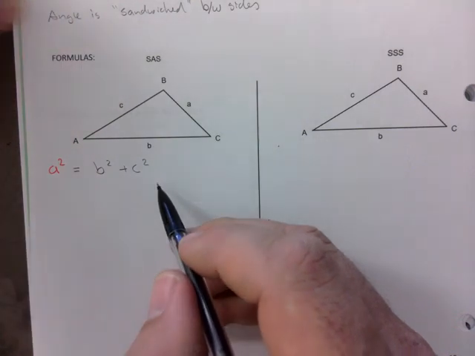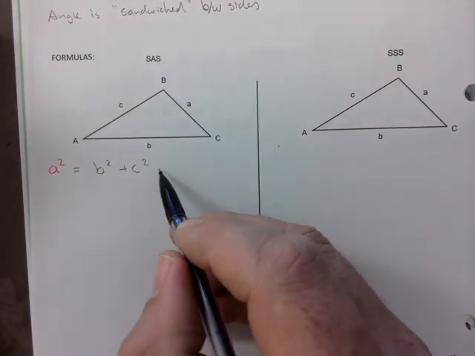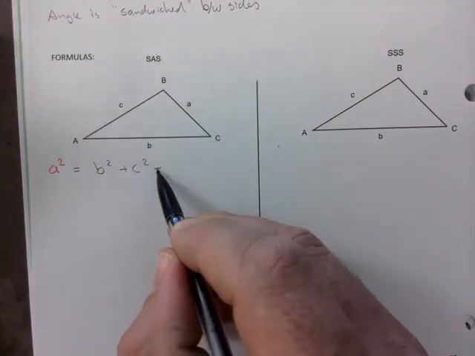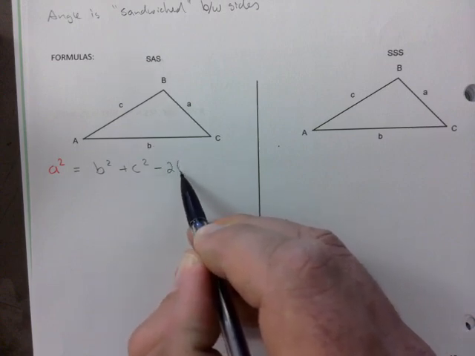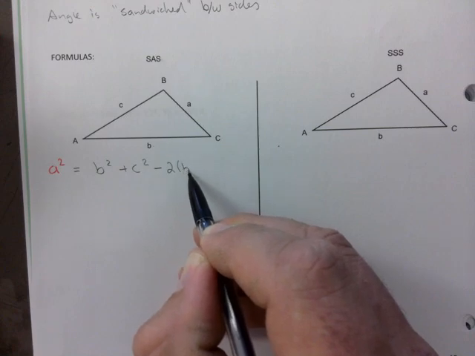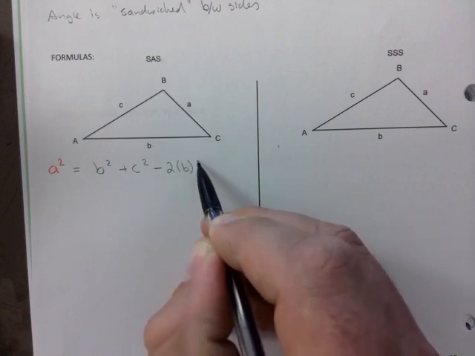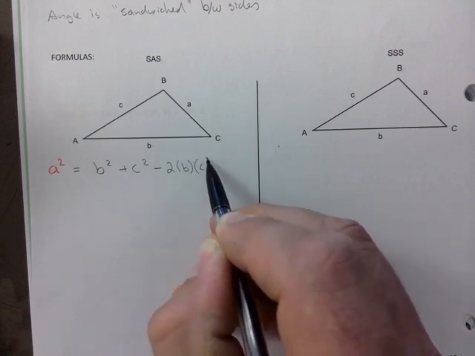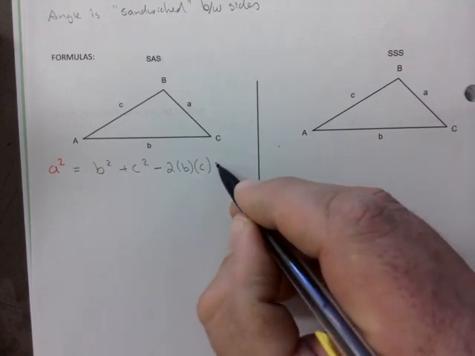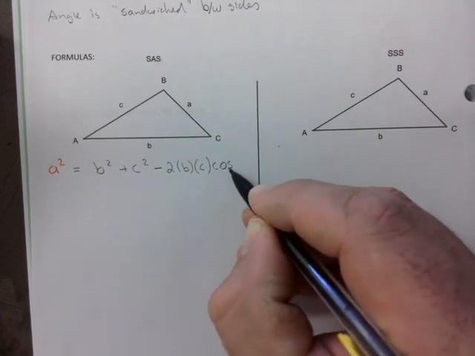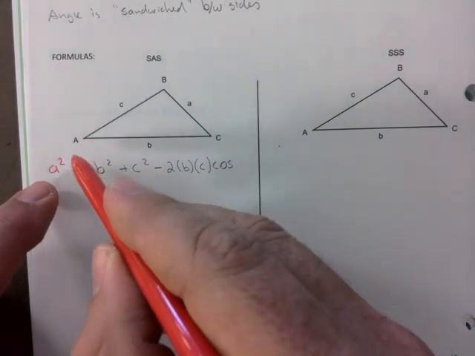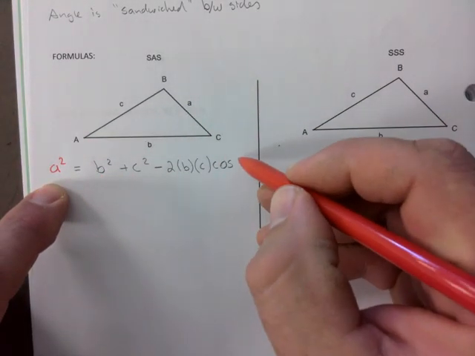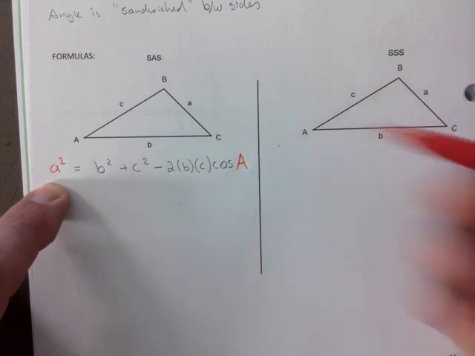It almost looks like the Pythagorean theorem at first, but it isn't. Minus 2 times b times c times cosine of the angle across from the side you're trying to find. That's why I use my red pen again.